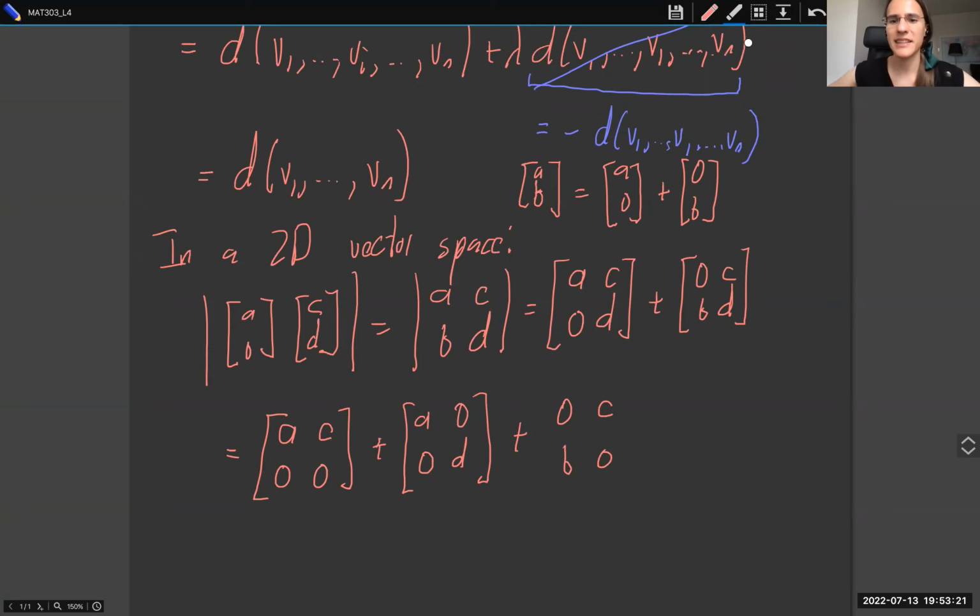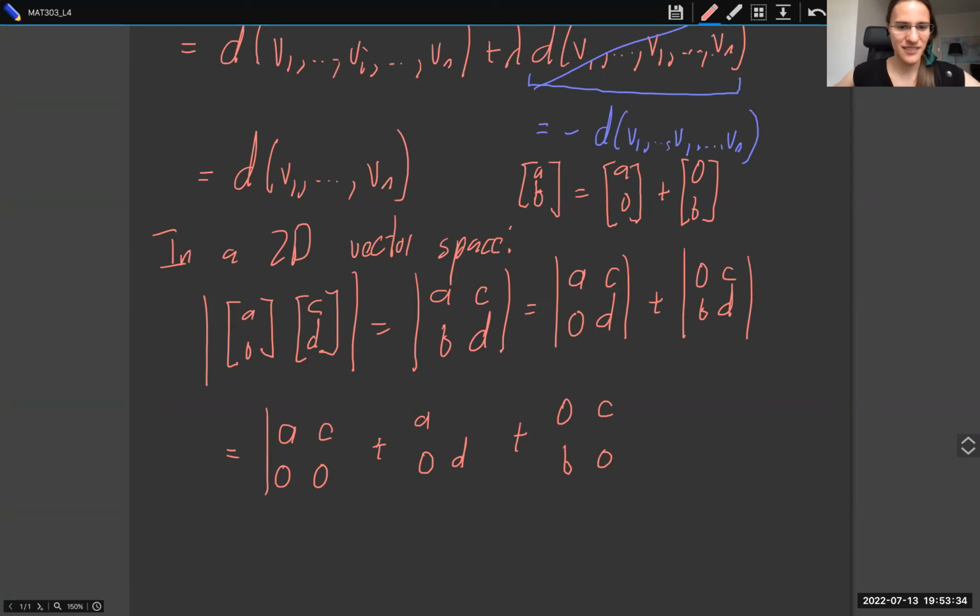These suddenly started looking like matrices, whereas I want determinants on this.